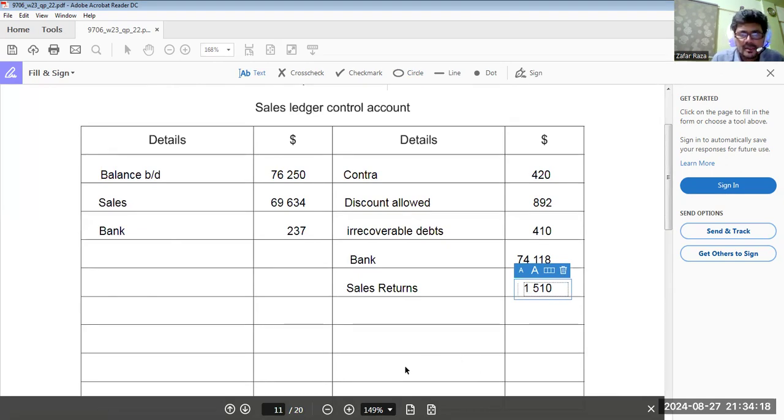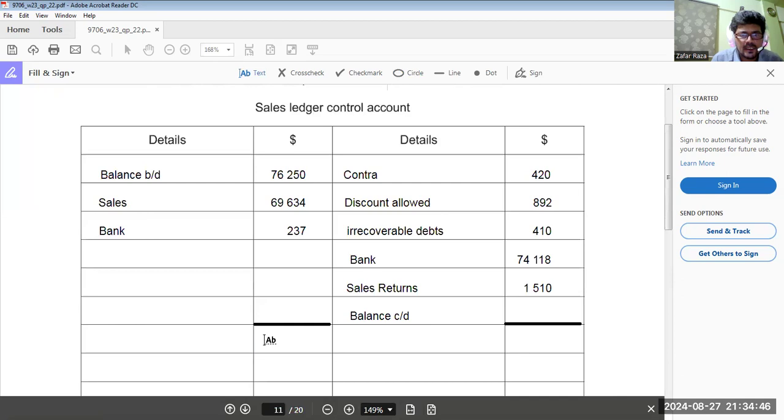So this is all. Now we have to take the totals here. First, we have to report balance c/d, but balance c/d can only be calculated by taking the difference of the two sides.